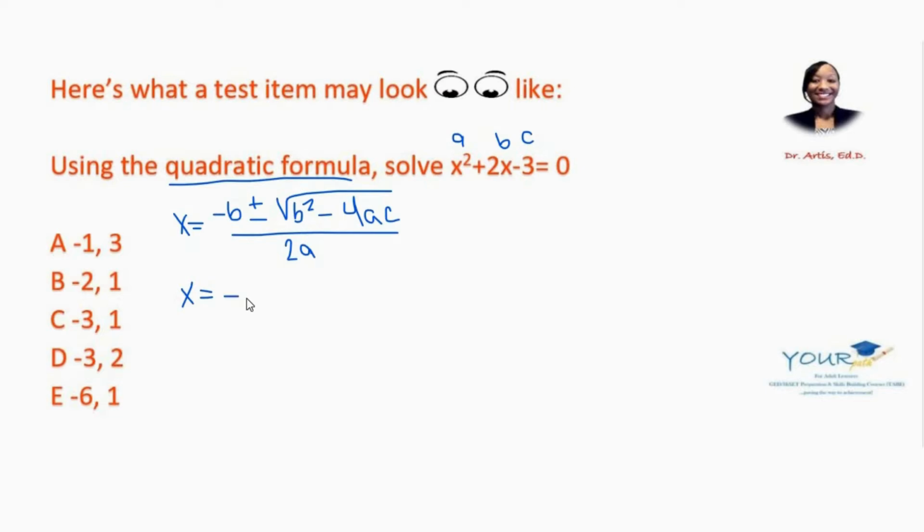So here we have negative, and B we know is 2, plus or minus the square root, B is 2 squared minus 4, A is 1, and C is -3.